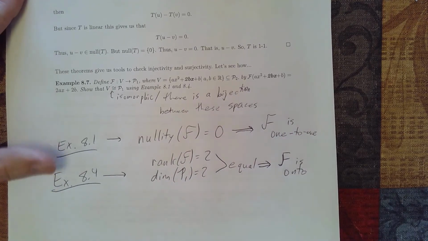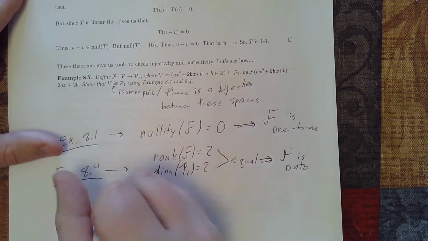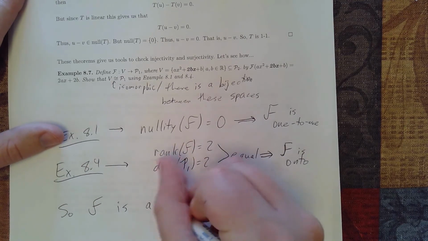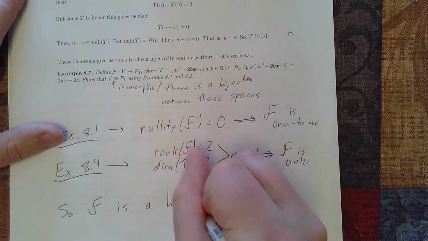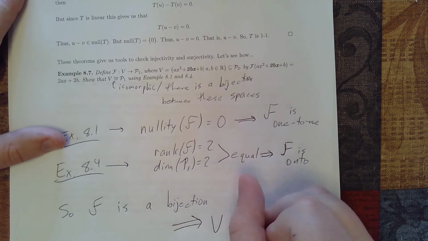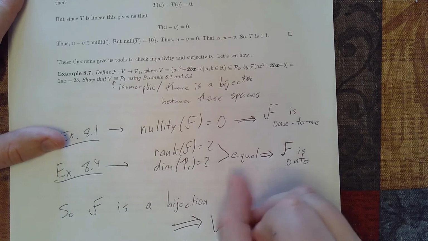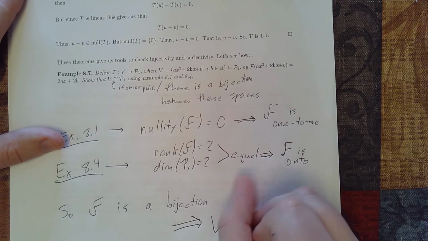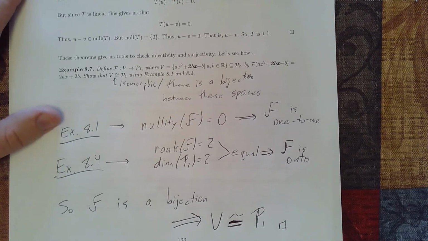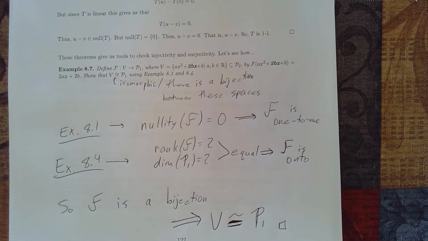Combining these two things, our transformation is a bijection, which tells us that our vector space V is isomorphic to P1. It's cool. We've used the information we had to combine and get something that is isomorphic.